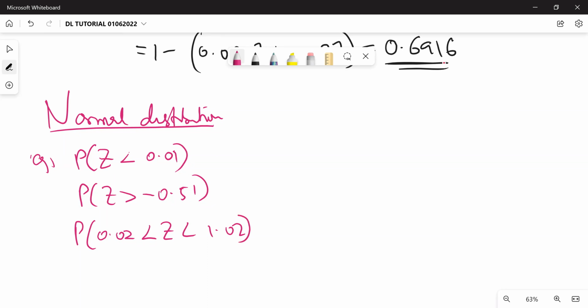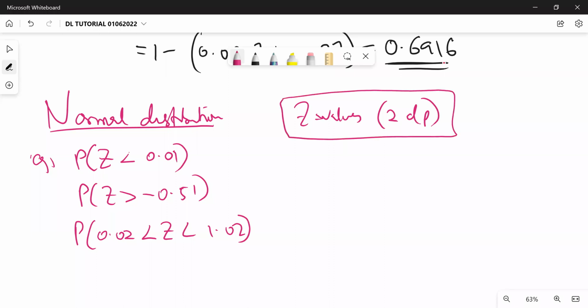You'll notice that the values of Z will always be rounded off to 2 decimal places. All the time, we'll be working with those kinds of Z values, rounded off to 2 decimal places for convenience purposes.